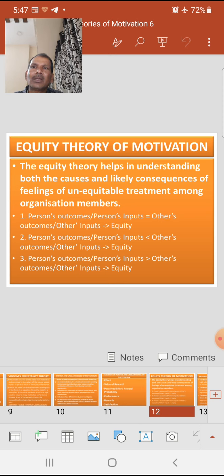The theory recognizes the influence of social comparison processes on motivation. Individuals are concerned not only with the amount of reward they receive for their efforts, but also with the comparison with other employees. Lastly, compared to the other theories, the equity theory adopts a realistic approach to motivation.